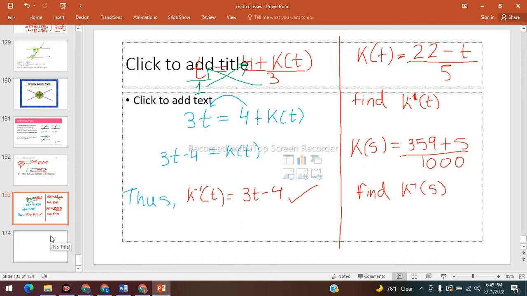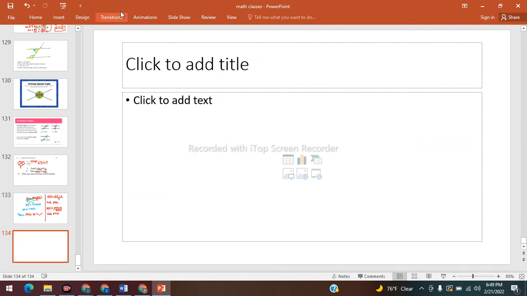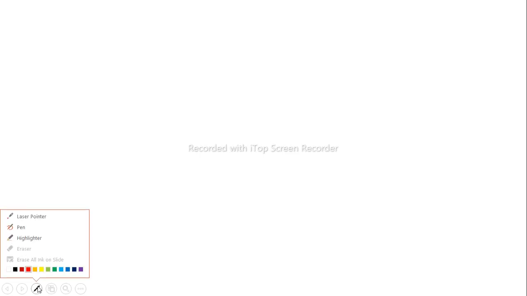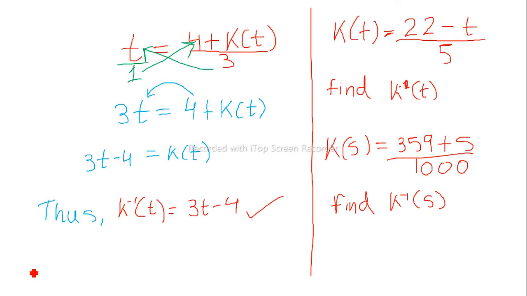So we have k of t equals 22 minus t, all over 5.